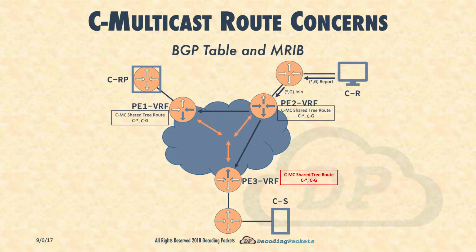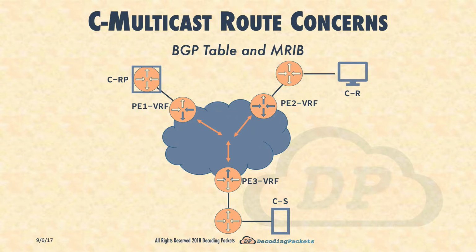This is not optimal, especially for MVPN deployments with a large number of PEs and also maybe a large number of states. Let's look at a similar scenario, but this time for an SSM join. As a side note, an SPT switchover scenario would be similar, except for the very first step, which is the IGMP report. That won't happen in an SPT switchover.